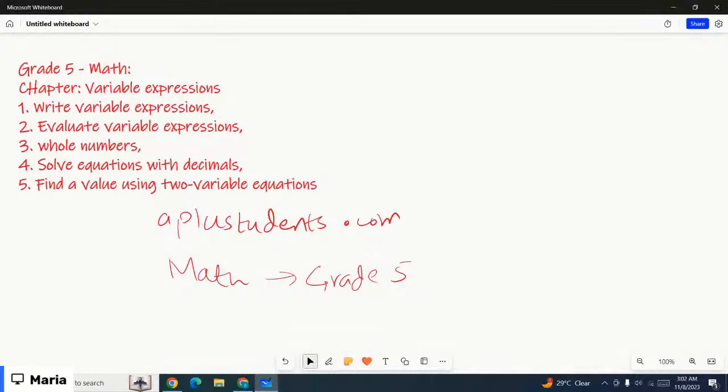So what do you know about variable expressions? What are variable expressions? Okay, you can note down the definition.